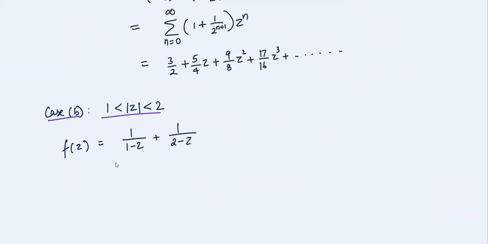Now, because z is greater than 1, 1 by z will be lesser than 1. So we will have to do an expansion like this. Divide by z as we have done earlier.